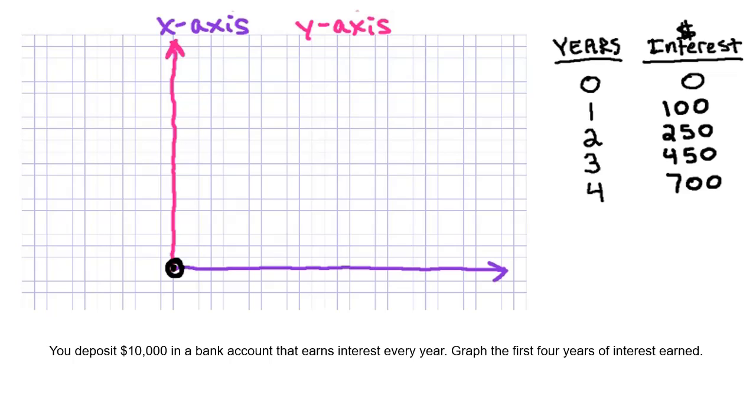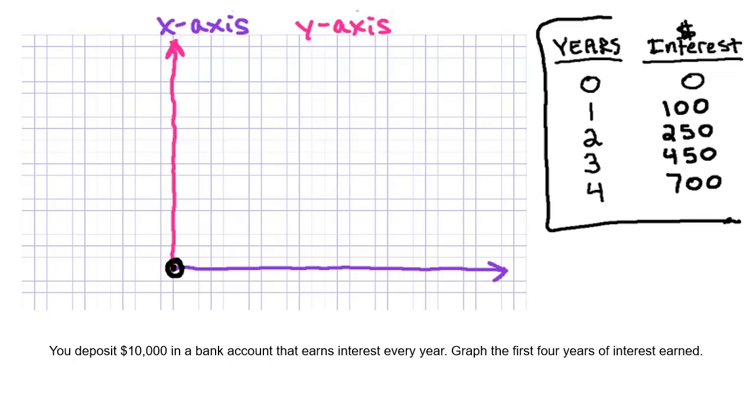You deposit $10,000 in a bank account that earns interest every year. Graph the first 4 years of interest earned. So we have this little table over here showing us how much interest you earned each year. Which one would be the x-axis values? Which column would be the x values?